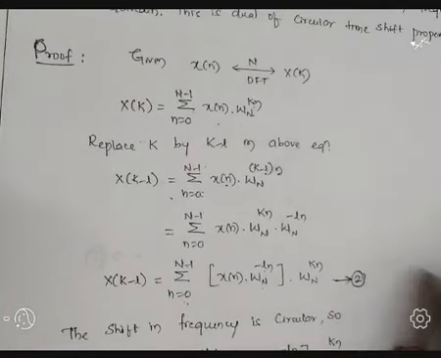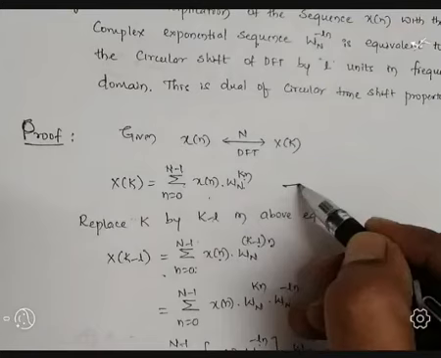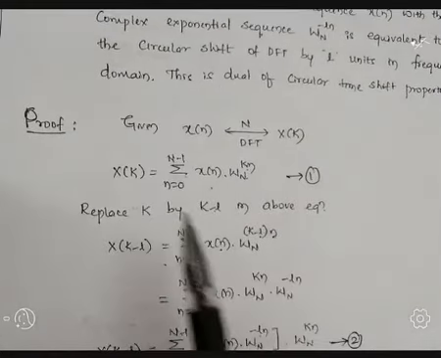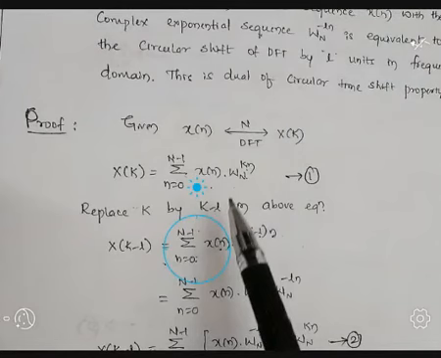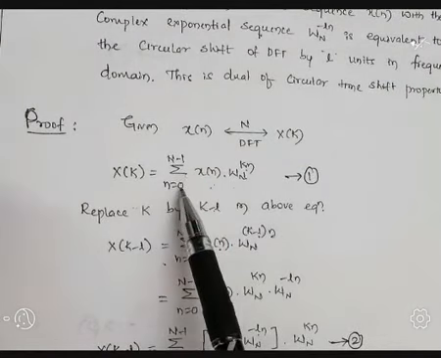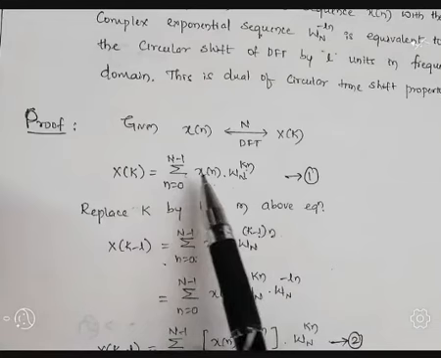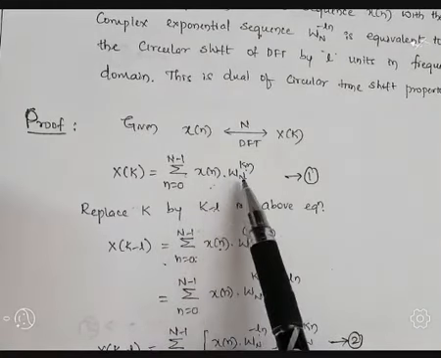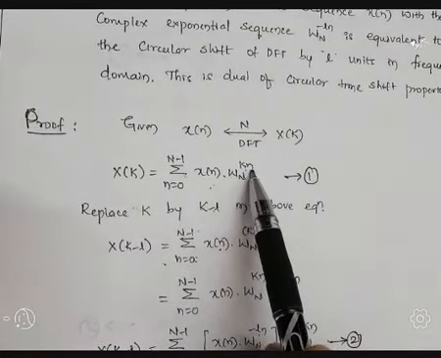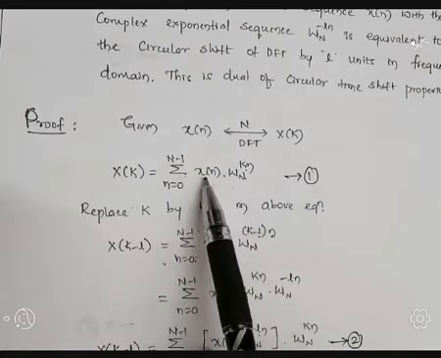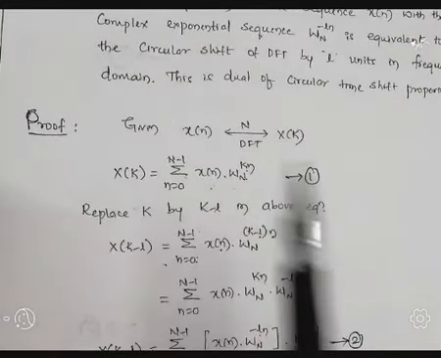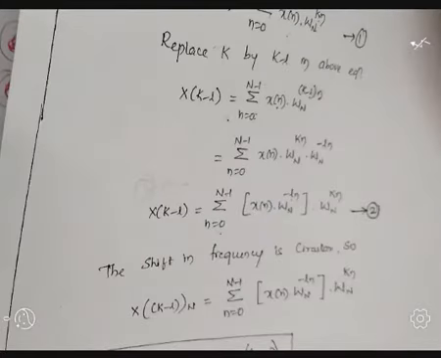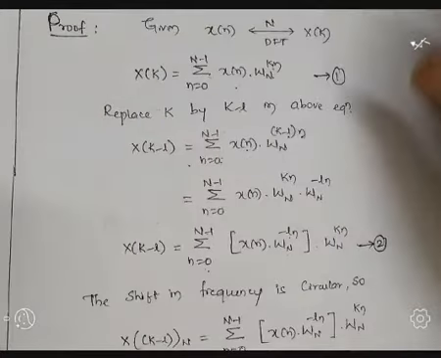Now this one is equation 1. Here X of k is the DFT of x of n. Observe the terms here: summation over the limits n equal to 0 to N minus 1 of x of n multiplied by Wn to the power kn is there. This is nothing but the DFT of x of n, indicated as X of k, by definition. Now compare equation 1 and equation 2.